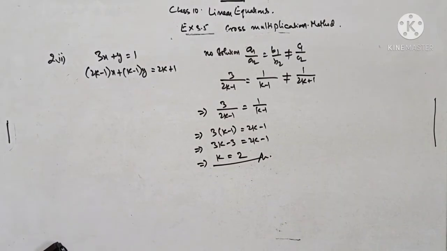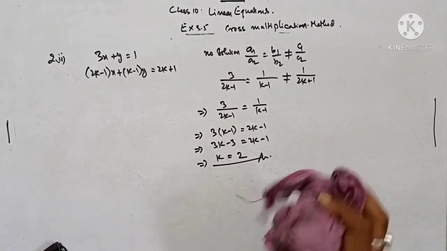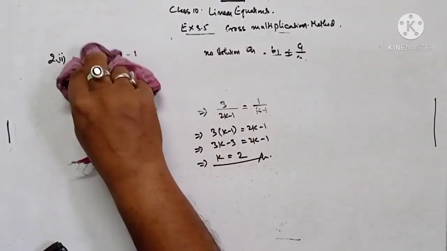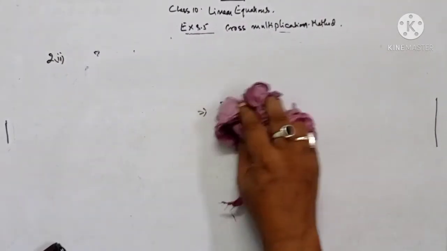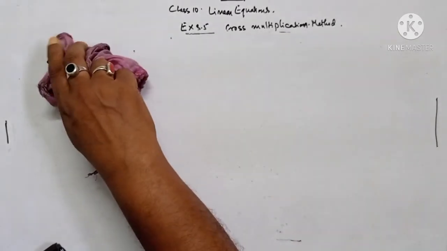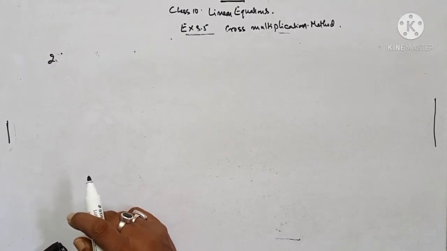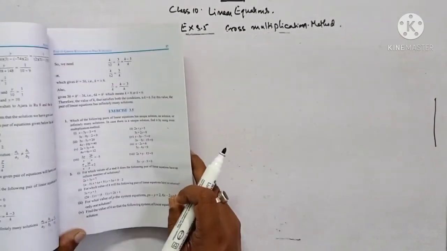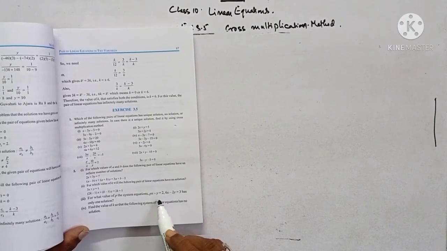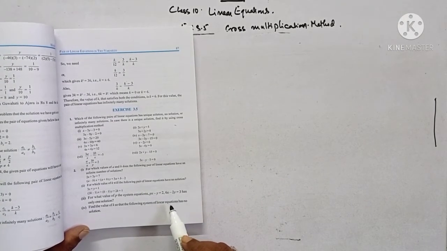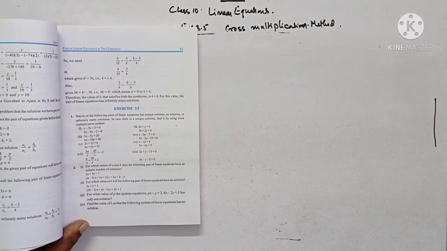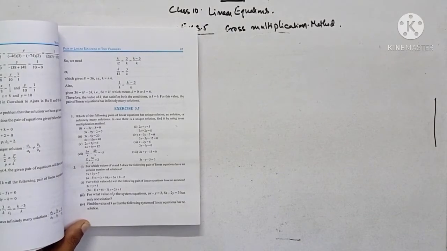Now I am going to question number 2 third. The question is, for what value of p does the system of equations have only one solution?